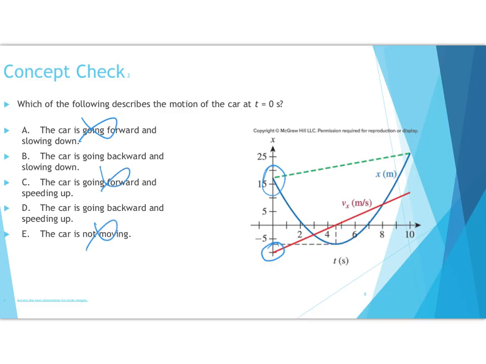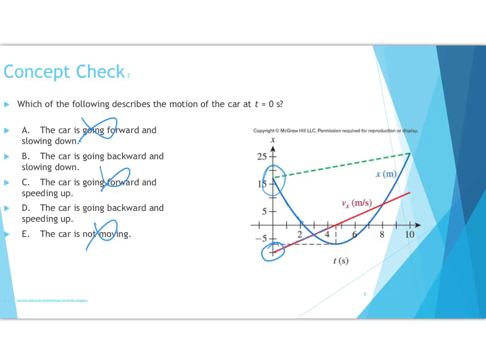Is it speeding up? Well, if we look at the slope of the position curve, it's becoming less steep. So that corresponds to a smaller speed and a decreasing velocity. But we can also see here, while it is going up, what's happening here is the car was moving in the negative direction or moving backwards.